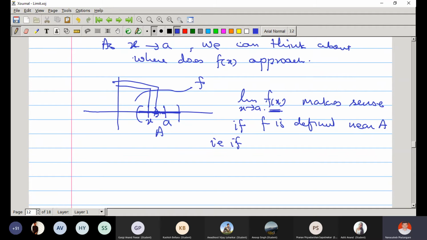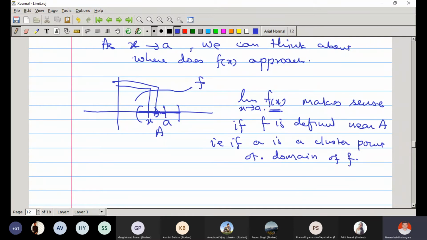F is defined near A means A is a cluster point, so the nearby part of A is a part of the domain. That means A is a cluster point of the domain of f.